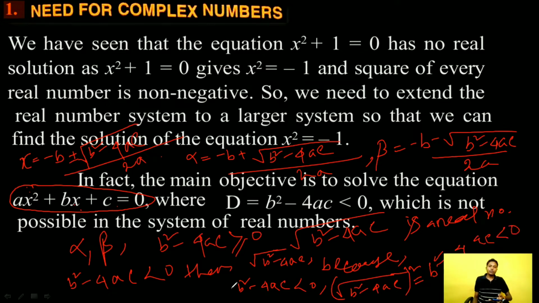So when b square minus 4ac is less than 0, root over of b square minus 4ac is not a real number. Clear?